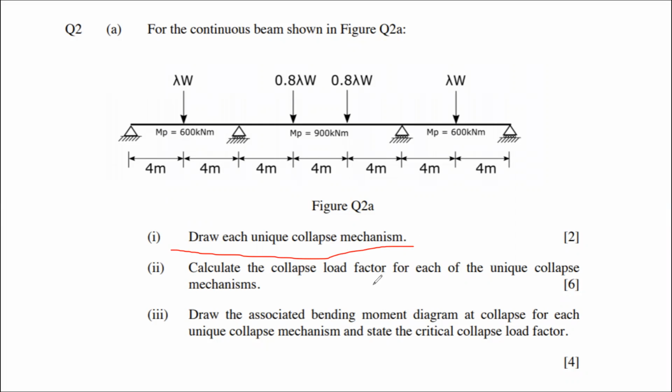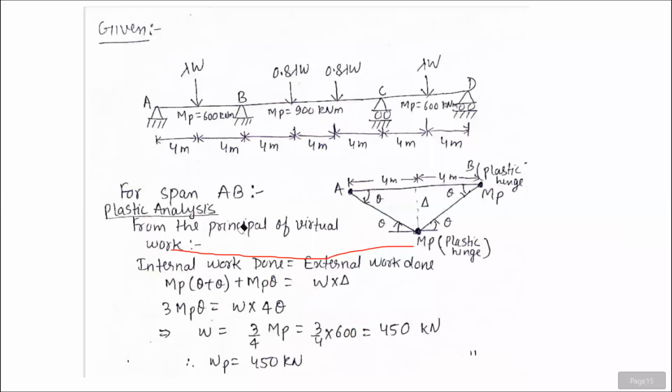Second is calculate the collapse load factor for each unique collapse. And third, draw the associated bending moment diagram at collapse for each unique collapse mechanism and state the critical collapse load factor. Okay, next. So tayo sa solution.